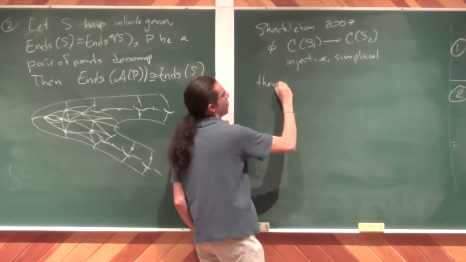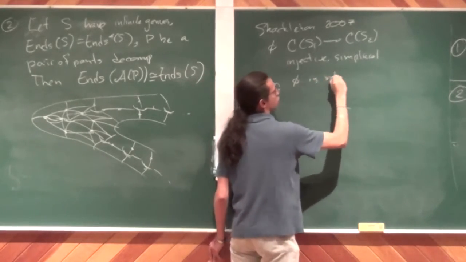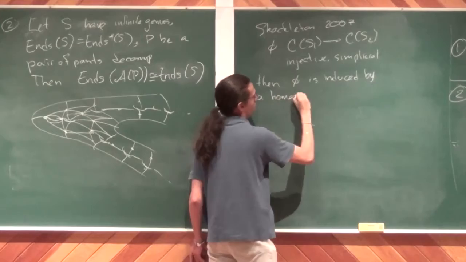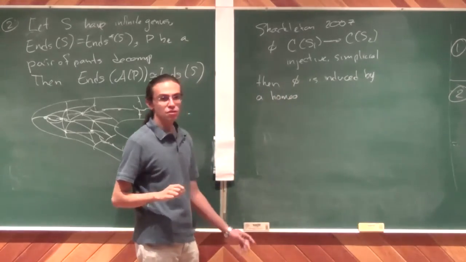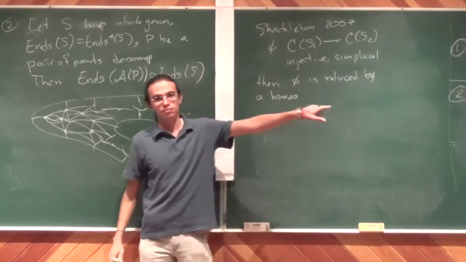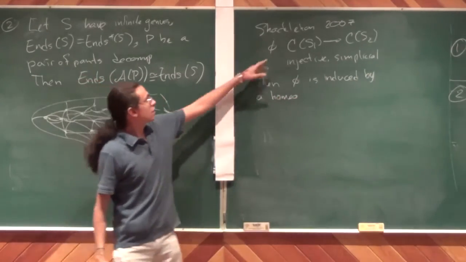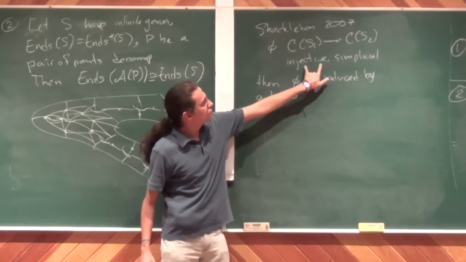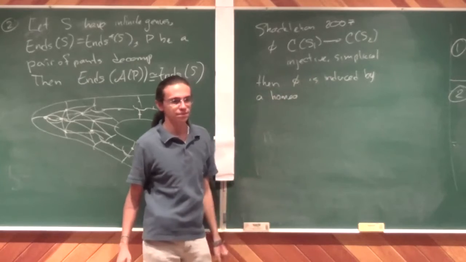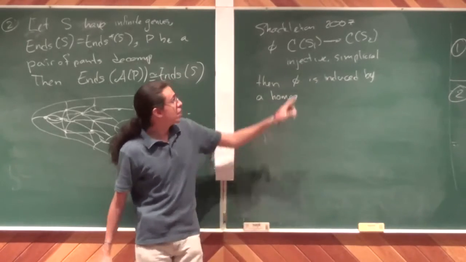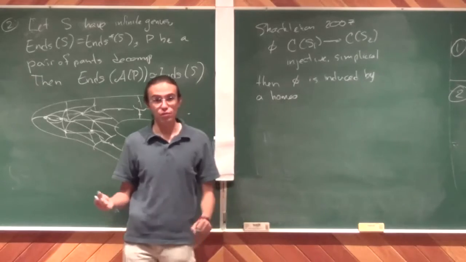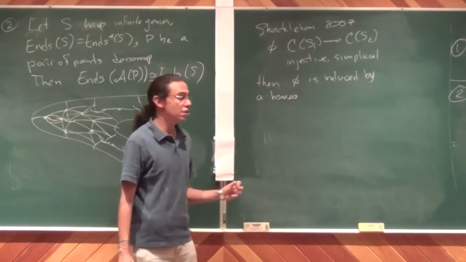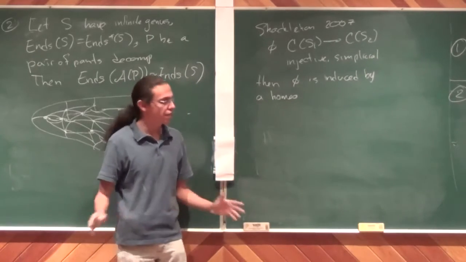Then F is induced by a homeomorphism. So that told us first that S1 was actually the same as S2, and we just needed injectivity. And actually, he also proved that it only needed local injectivity. Okay? So in the compact case, the curve complex is pretty rigid. Even if it has only small copies of itself, it means that it's the whole thing, okay?